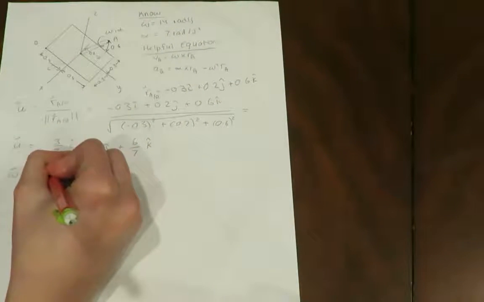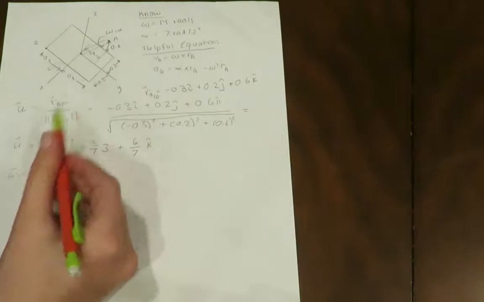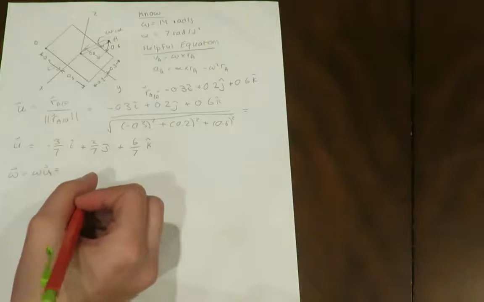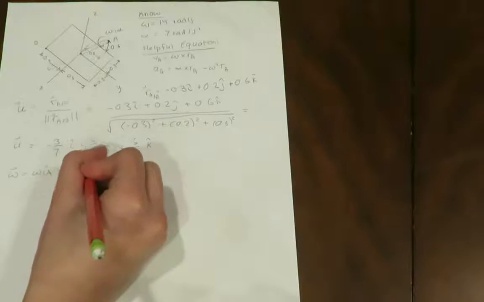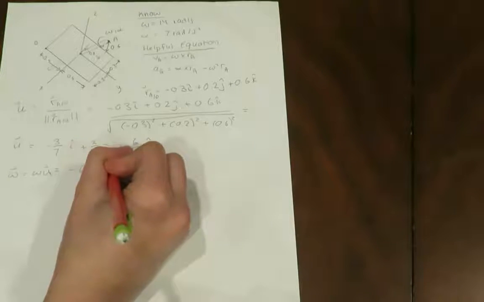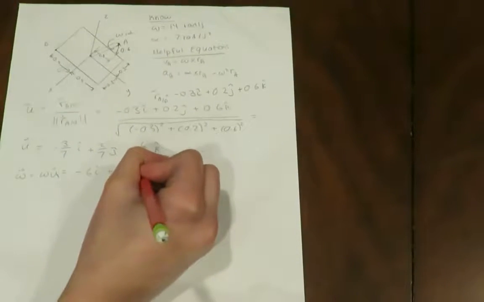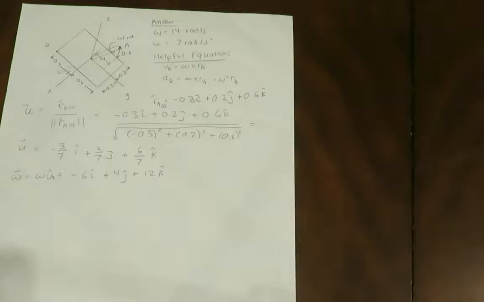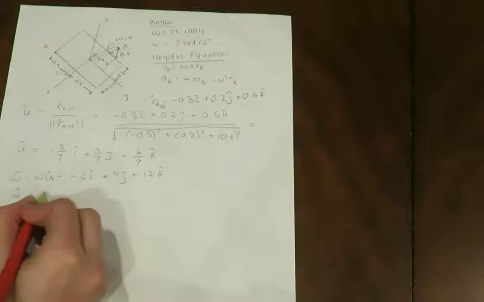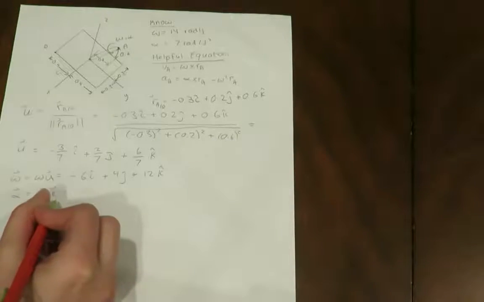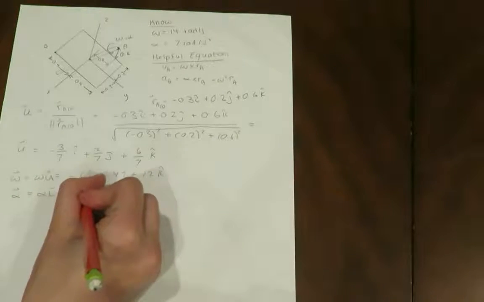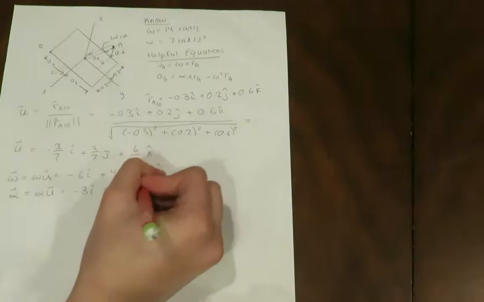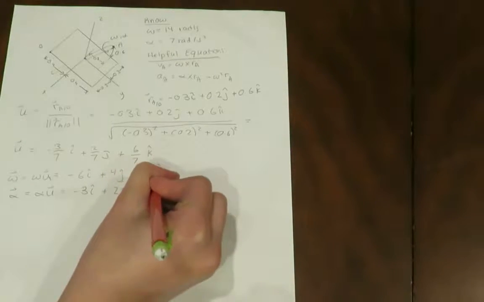And when we multiply our 14 by this long vector here, we will find that it's equal to negative 6 i hat plus 4 j hat plus 12 k hat. And likewise, when we do the same thing for alpha, we find that our vector alpha is equal to negative 3 i hat plus 2 j hat plus 6 k hat.